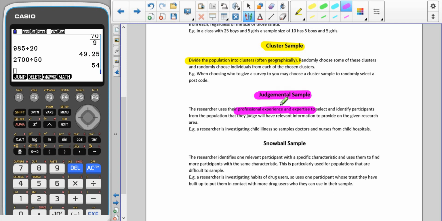Now, this is the sampling method that has a high experimental bias because the experimenter is choosing who is in their sample. That means the results are very swayed, but it also means that somebody with a very limited understanding of statistics can easily perform a judgmental sample.